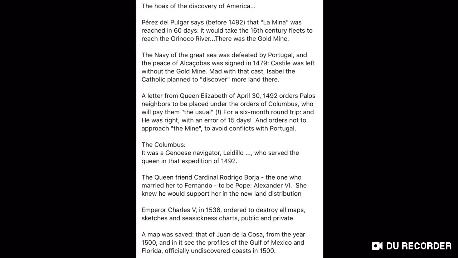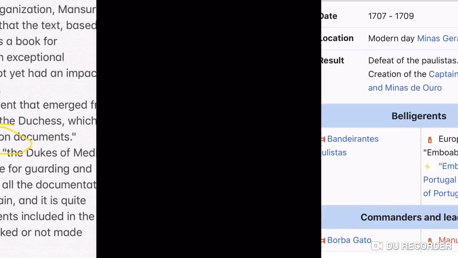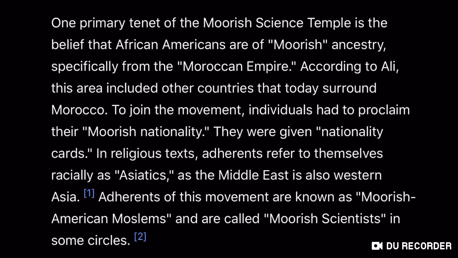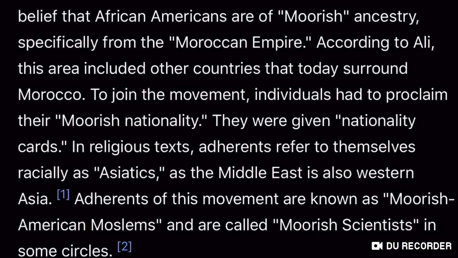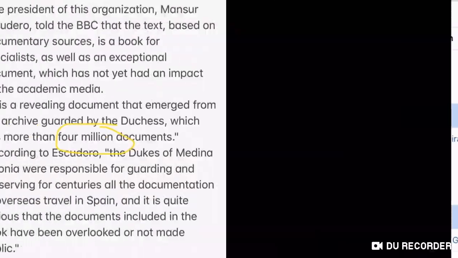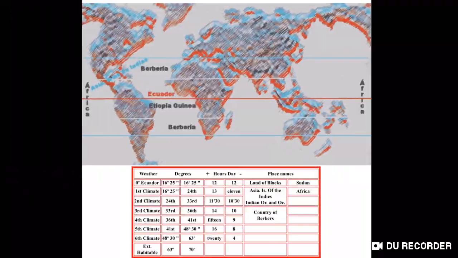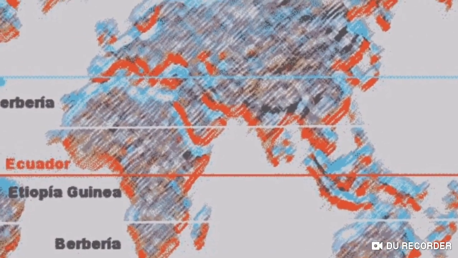He was even talking about another map. And he said, as the Middle East is Austin, Western Asia, you see. The Middle East.